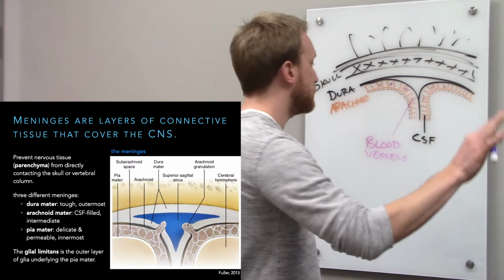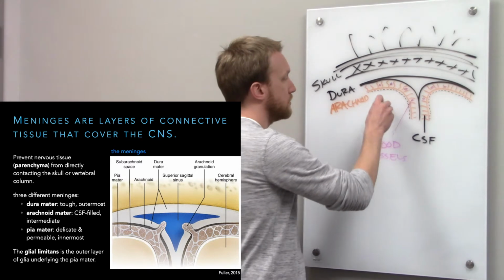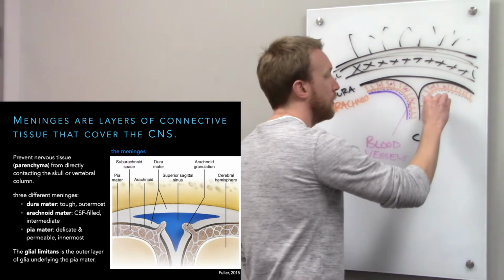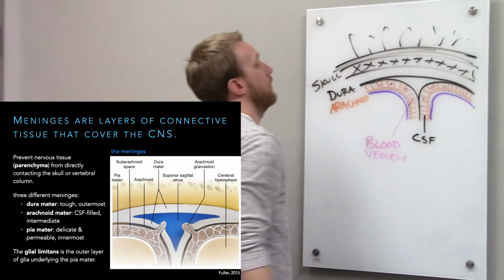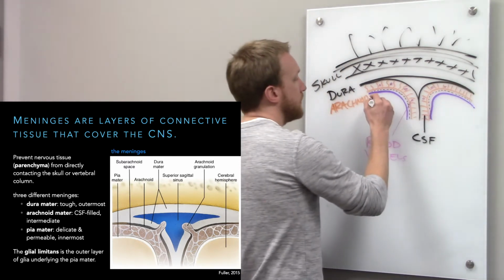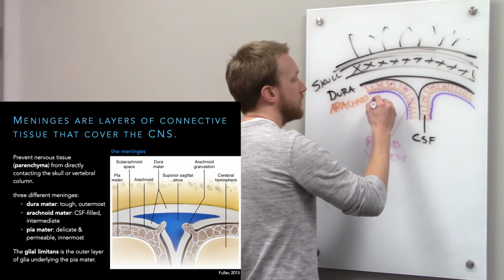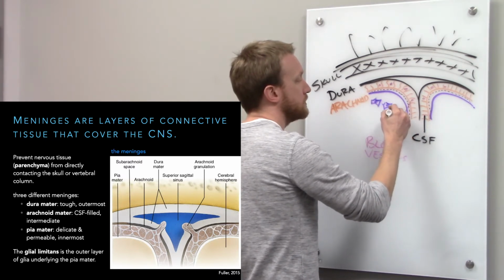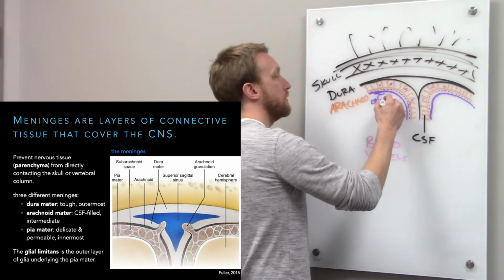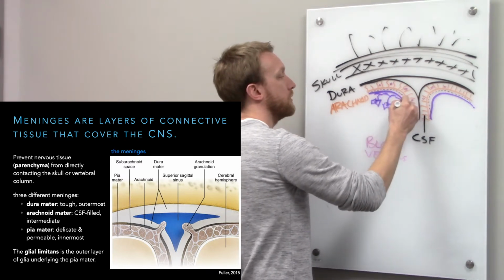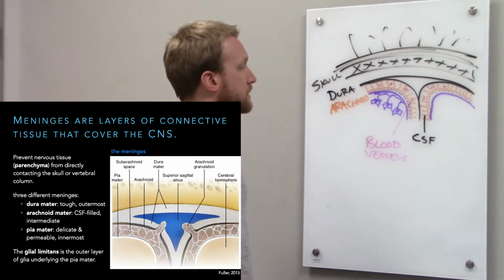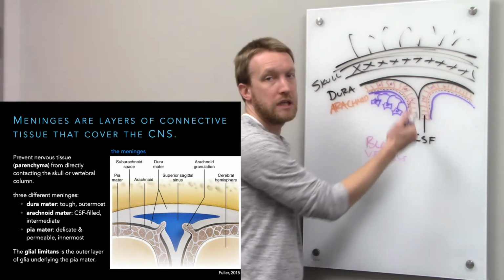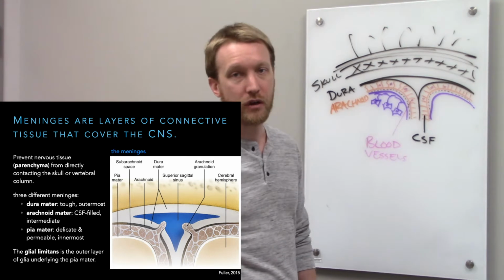But the first thing that we encounter once we get into the brain, we'll make our brain purple. The first thing we have is a whole bunch of glia, in particular astrocytes, that form a barrier that we call the glia limitans. So the closest thing to the meninges is of course not neurons.